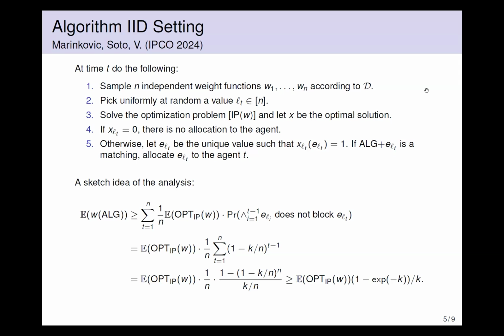So you will have at most one 1 in that vector. But it could be 0 completely, and this is saying that you allocate no bundle for the agent. If this is the case, I don't allocate anything, so the agent will have no allocation. But otherwise, I know that in that vector there exists a unique 1, and this is the bundle that I will give to the agent.